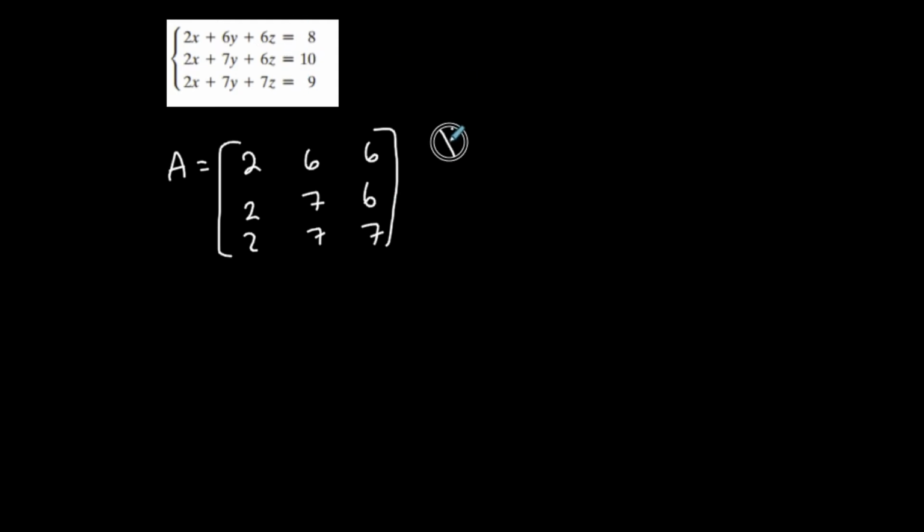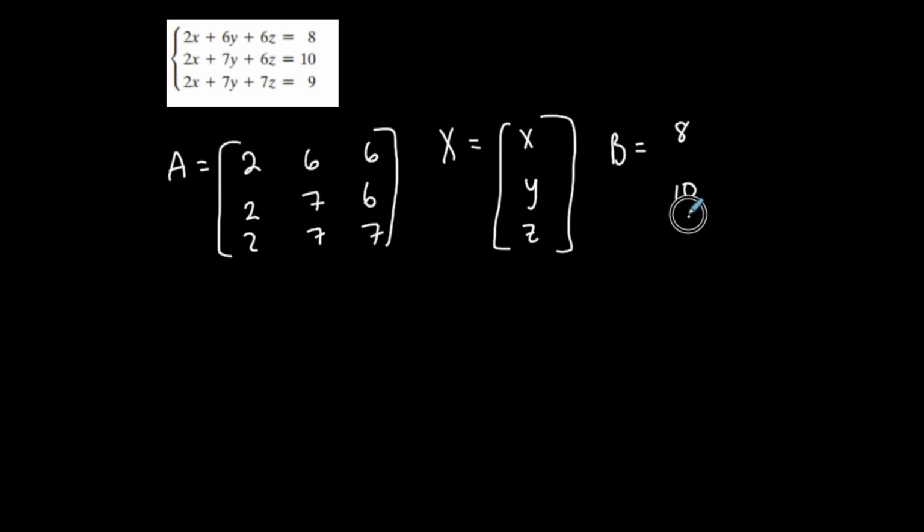So for my coefficient matrix, I'm going to do my x column, my y column, and my z column. This is my coefficient matrix. It's the matrix that represents the coefficients of the variables to the left of the equal sign. My variable matrix is the variables involved in order, x, y, z. And then my constant matrix is the constants to the right of my equal sign.